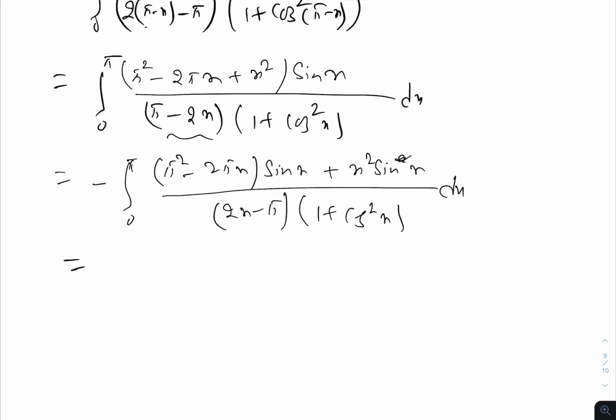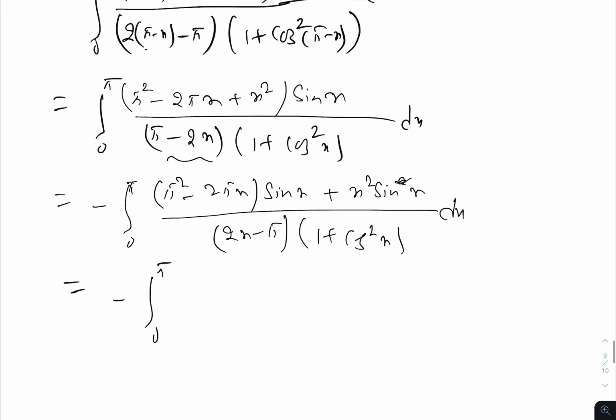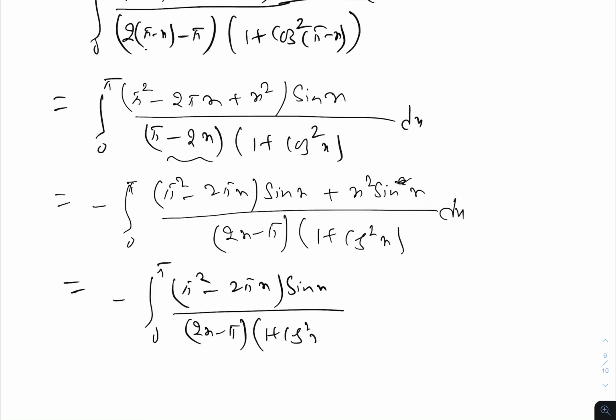Can you write this way? It is minus integration 0 to pi (pi square minus 2 pi x) sine x over (2x minus pi)(1 plus cosine square x) dx, and again this minus sign here. So minus x square sine x over (2x minus pi)(1 plus cosine square x), that's I.